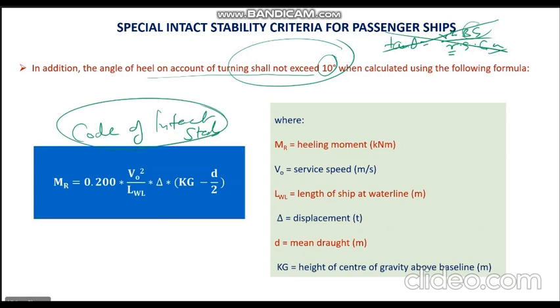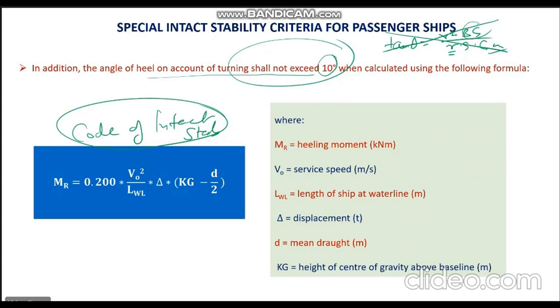Now, one thing before I discuss this formula. This does not mean that tomorrow, if I say a passenger ship is turning at so and so radius at so and so speed, what is the heel caused? The formula of tan theta applies to all types of ships. It applies to passenger ships also.